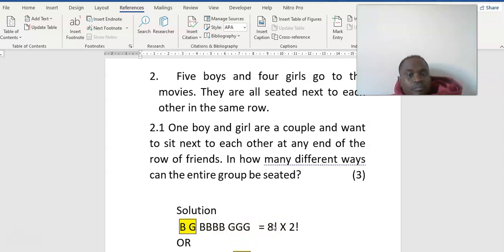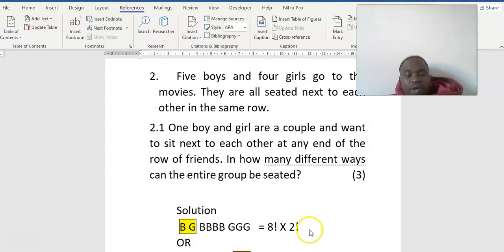Then we have this boy and a girl, they can swap around because they are moving together. So a boy can sit first or a girl can sit first. So here we are going to have 2 factorial.